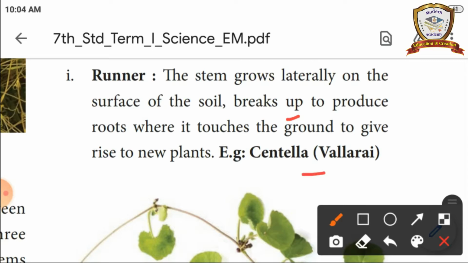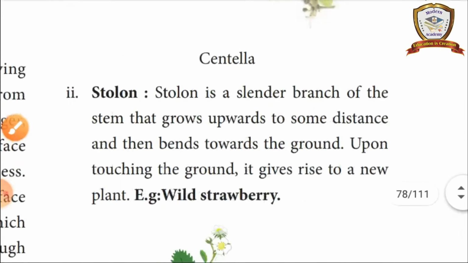Example, Centella, Vallare. It grows above the soil, but after that it produces roots. Those roots again touch the ground to give new plants. So this is called subaerial modification.